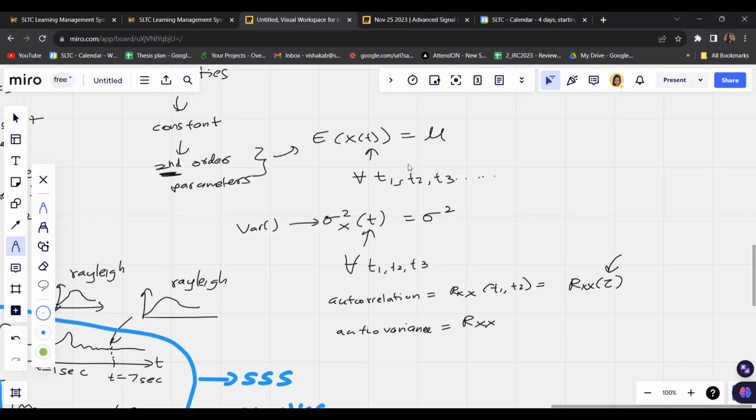And the autocovariance expression will be the difference between R_xx(tau) minus the mu value. The mu value will be the same for all the time instances, and therefore it is a constant value, so it will be mu_x(t).